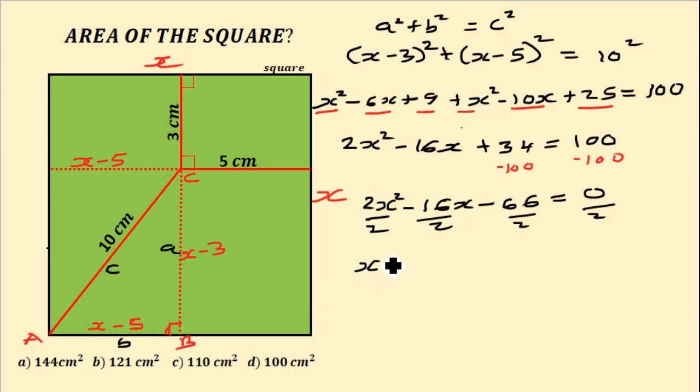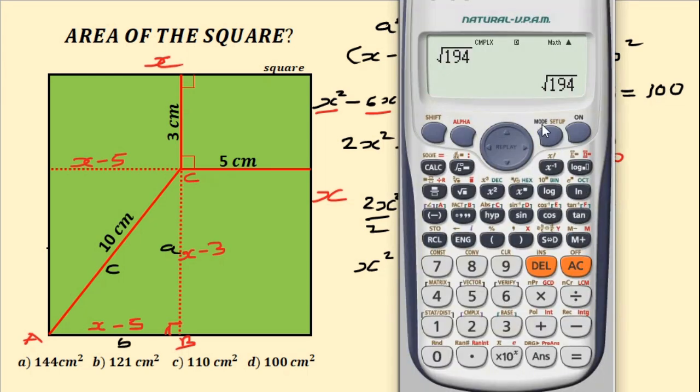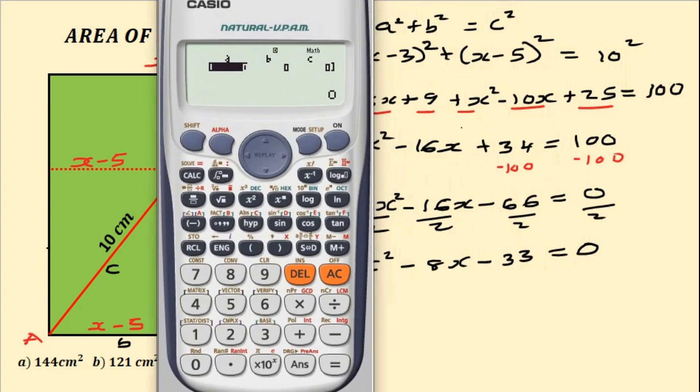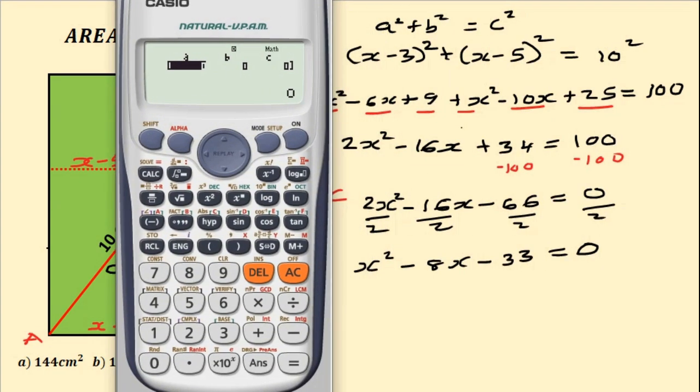So we end up with x squared minus 16 divided by 2, which is minus 8x, then minus 66 divided by 2 is minus 33, equal to 0. So when you solve this quadratic equation, what do you get x to be? You simply go to the quadratic equation, I select equations, which is number 5, then quadratic is option 3, then the coefficients.